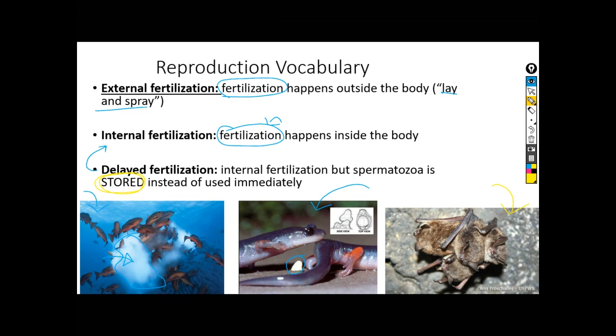My population triggers me to use it. And now not everybody does this, right? The deer in the forest do not store sperm, right? Humans, right? We ain't hanging on to that till a later time. So this is not an everybody kind of thing, but a handful of organisms, okay, that have very particular living habitats allow them to do this.